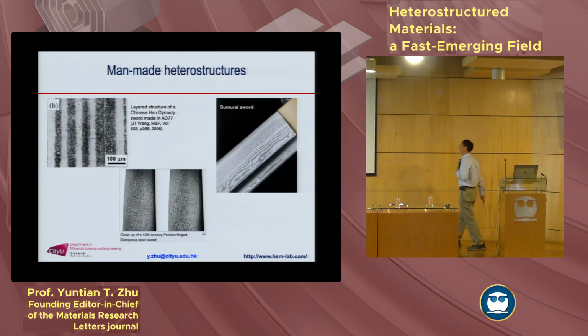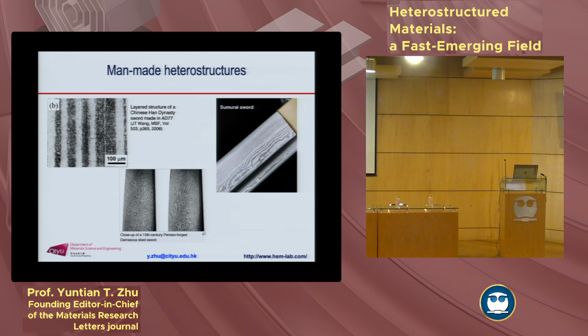For more advanced technology, this is a sword they found from AD 77, from the Han Dynasty in China. They made the sword very sharp and tough. They wanted it sharp, but it could be brittle. You want it to be sharp and also tough, so they made it into this layered structure.